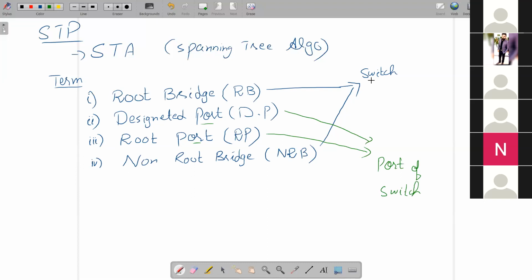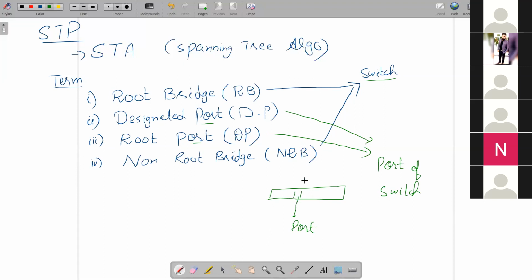So now, whenever I say root bridge, that means I'm talking about the switch. Whenever I say the non-root bridge, that means I'm talking about the switch. But whenever I call DP, whenever I call RP, that means I'm talking about the particular port of the switch.